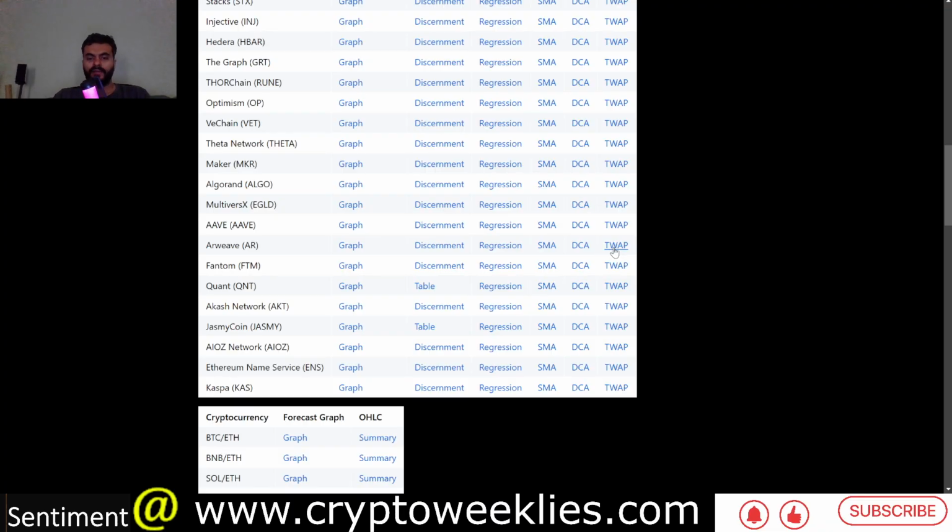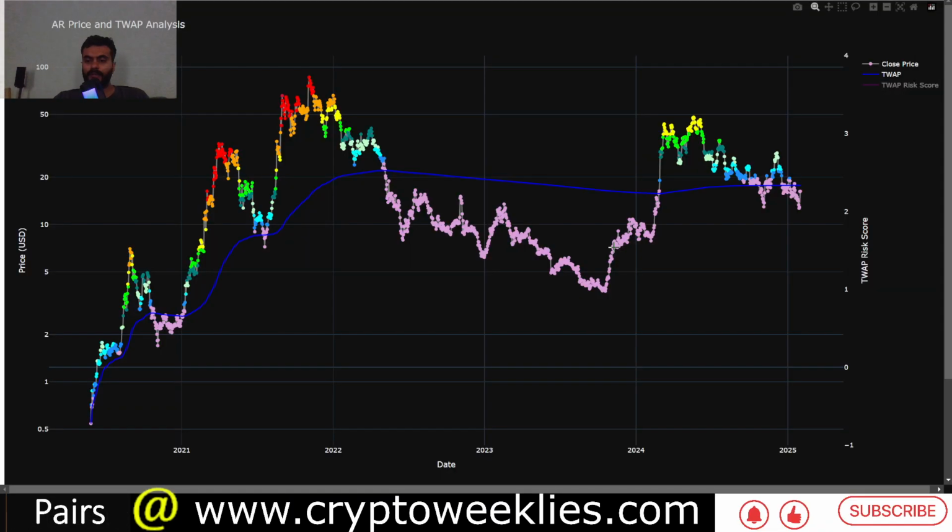If we look at the time weighted average price, it helps identify a great accumulation zone in the bear market, where the price is below this time weighted average price based line. This is the blue line, which helps identify the amount of time the price has established above this level, and if the market were to come back around, there is a decent chance that the price trades eventually above this blue line.